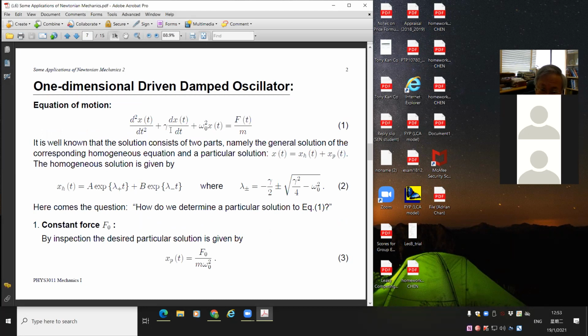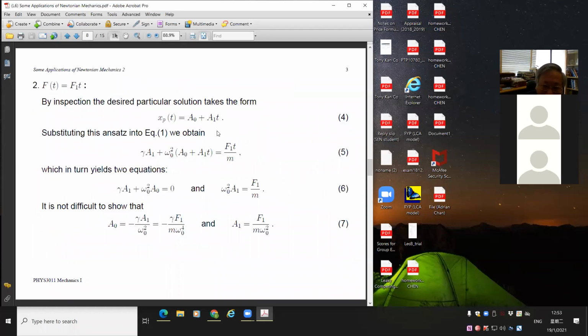So this constant cannot be cancelled out by this F(t). So we have to require that x(t) has a constant term as well in order to cancel that. So we take this as the trial solution for the particular solution and substitute it into equation 1, and that's what we get.